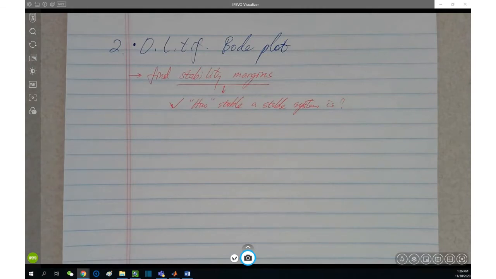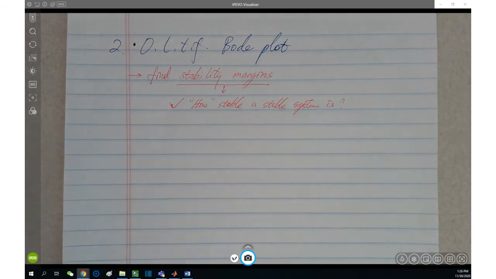We are studying this by the concept of stability margins. The system is already stable. If unstable, then your stability margin makes no sense. It's already stable, however, how stable it is still matters.